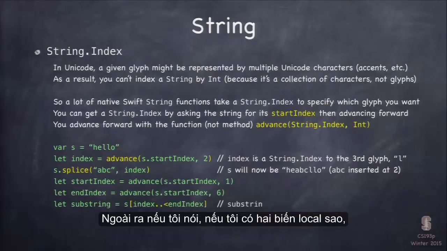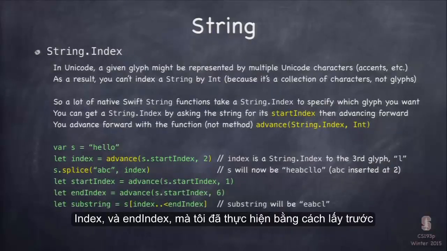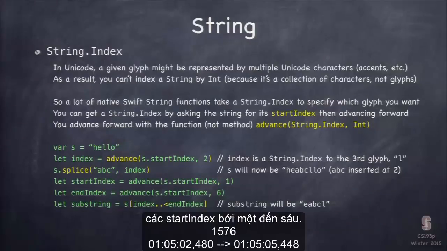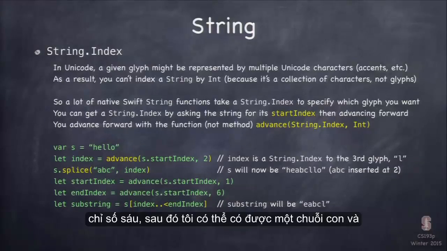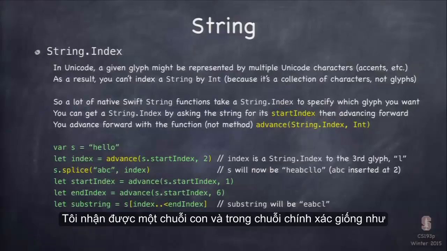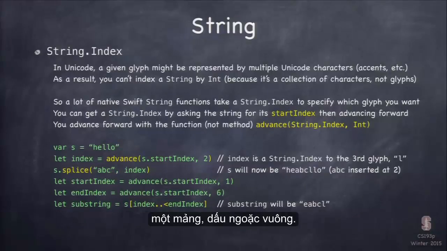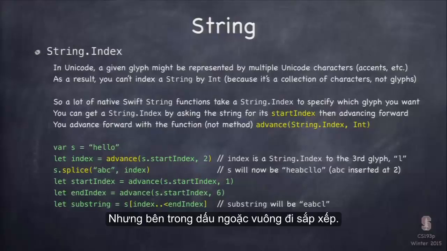Also, if I have 2 local variables, start index and end index, which I made by taking advance of the start index by 1 and 6, so I want to go from index 1 to index 6, then I could get a substring. I get a substring in a string exactly the same as in an array, square brackets, string, square brackets. But inside the square brackets goes a range.